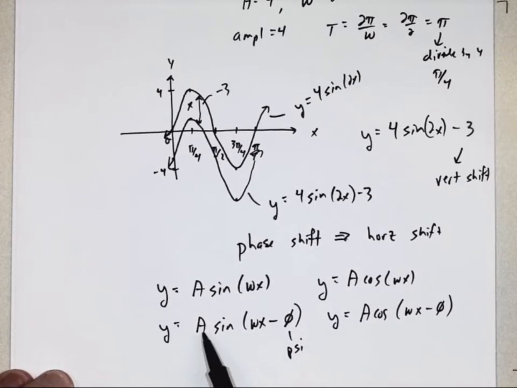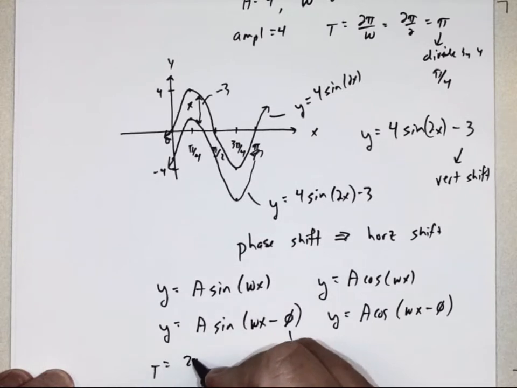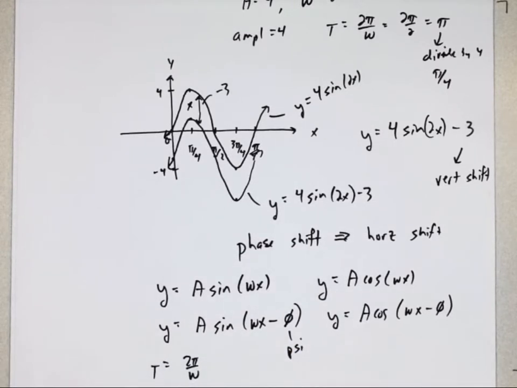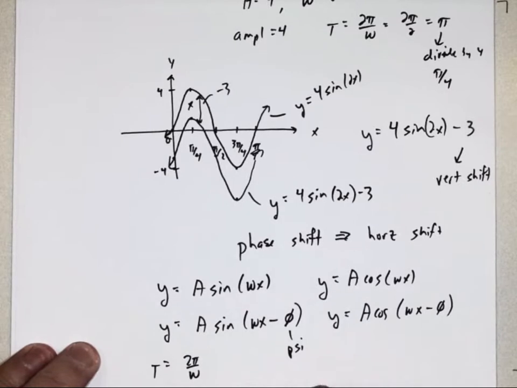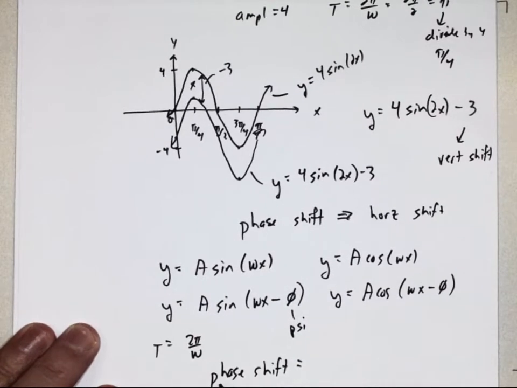We already know A gives us the amplitude. Omega allows us to find the period of our graph. Now the phase shift is how much we have to move left or right. In the future, you'll probably see me just call this PS to abbreviate it.